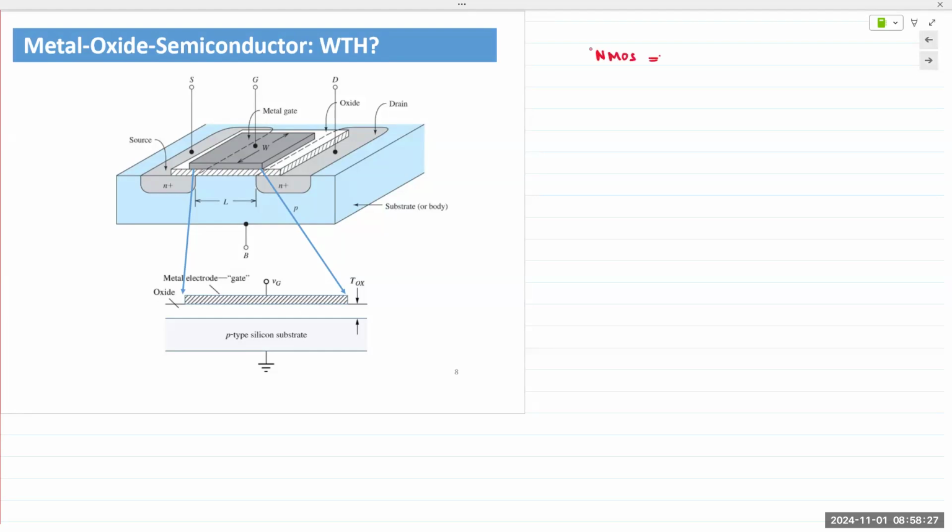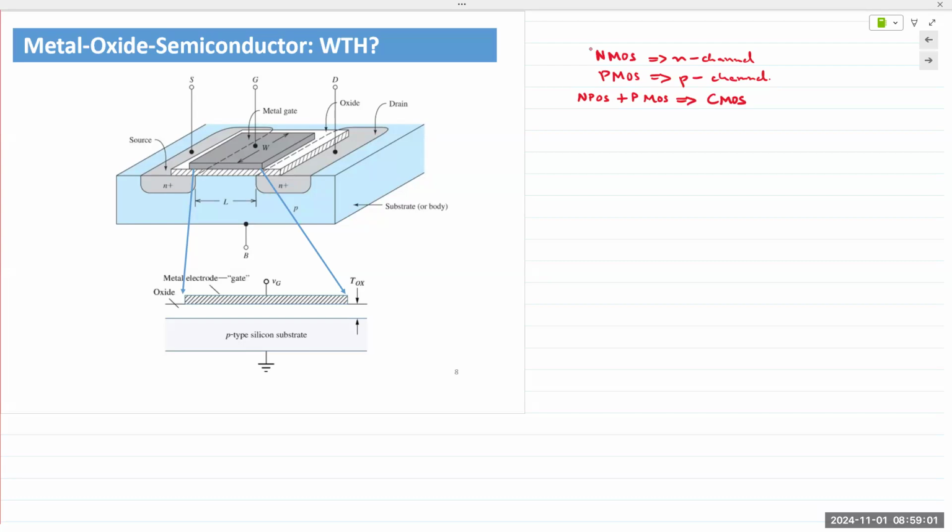If it's a P-channel MOSFET, we call it PMOS. And what if you have both in your circuits? What do you think we call it then? Not quite NPN. It's called complementary MOS, or what you probably are familiar with, the term CMOS.